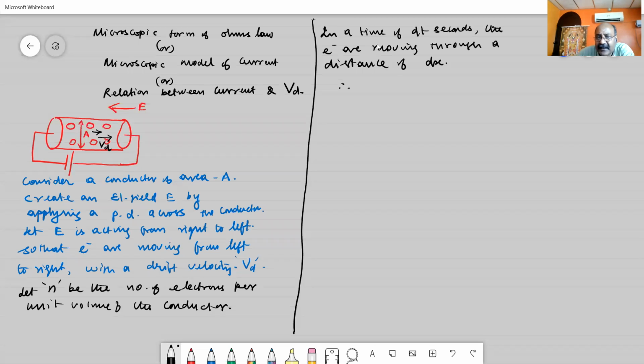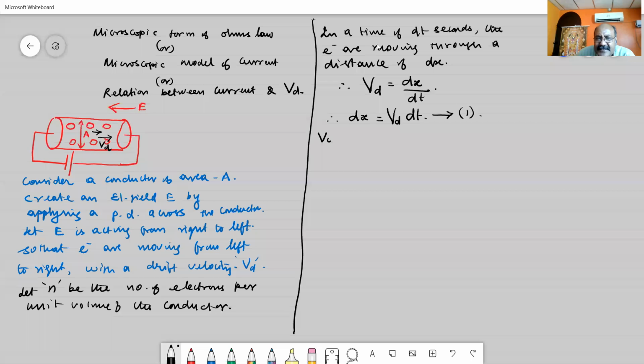Therefore, I can write the electrons are moving with a velocity called the drift velocity V suffix D. As you know, velocity is distance by time. Drift velocity is equal to the distance traveled dx in a time of dt seconds. Therefore, the distance traveled dx is equal to V suffix D into dt. This is the distance traveled by the electron in a time of dt seconds. Let us take this as equation number 1.